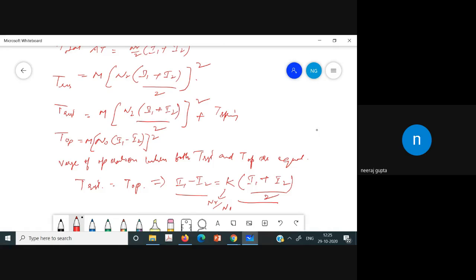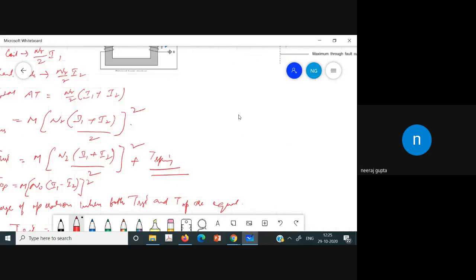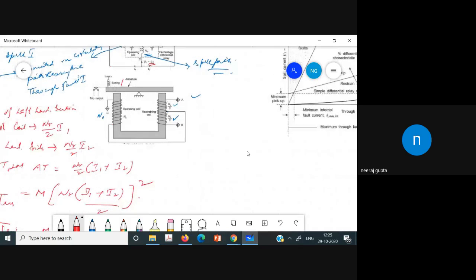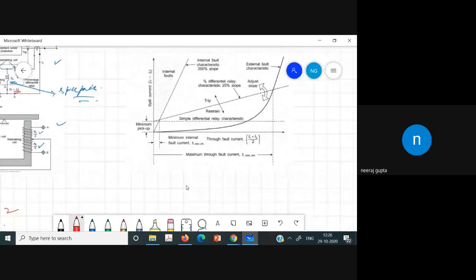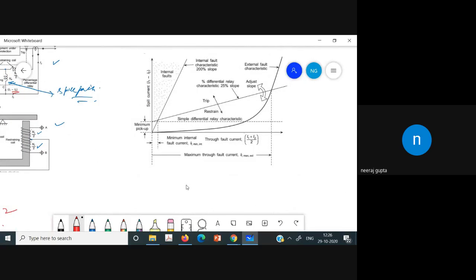However, in this case we have neglected the T spring. So if we are not neglecting the T spring, then the final equation we are getting is I1 minus I2 equals K times (I1 plus I2) divided by 2 plus K naught.